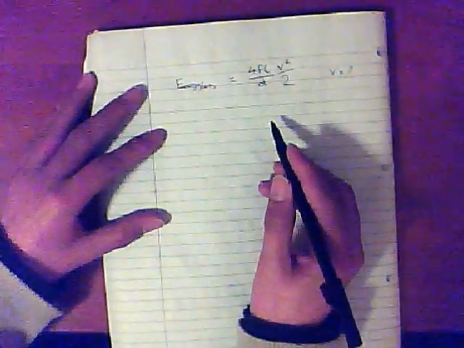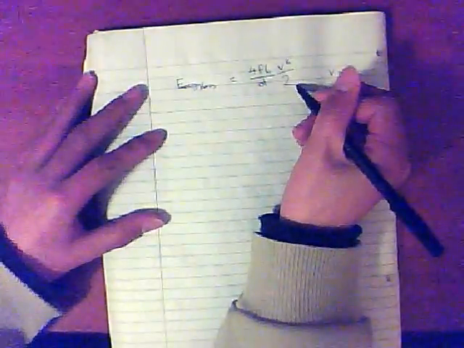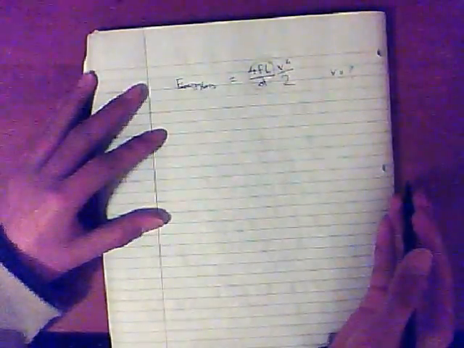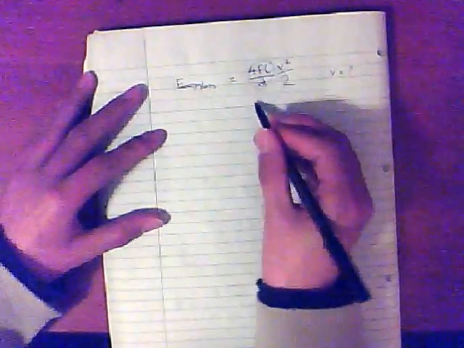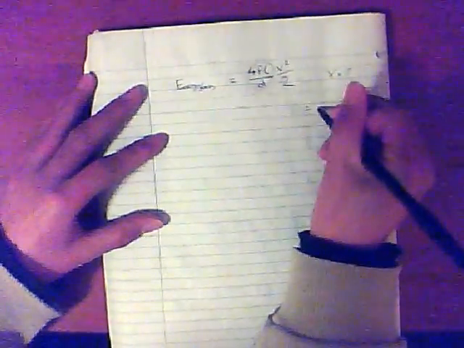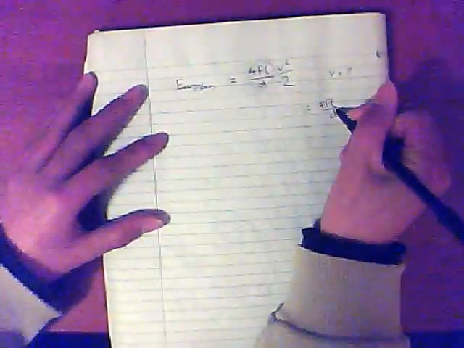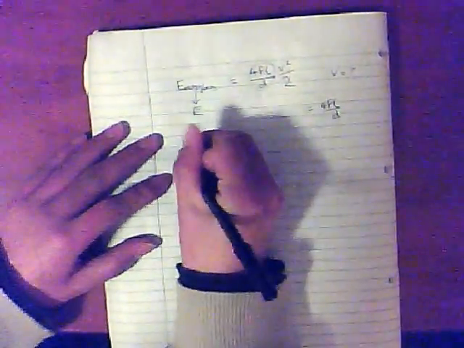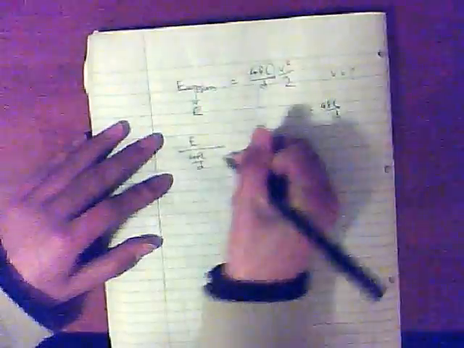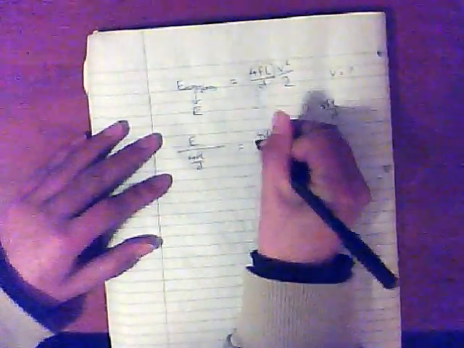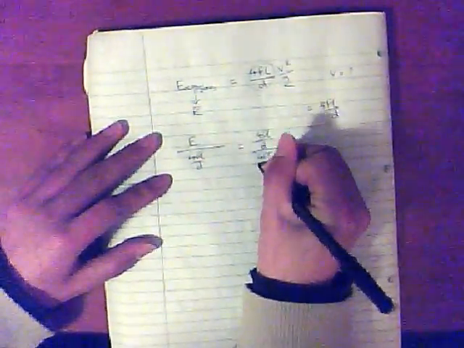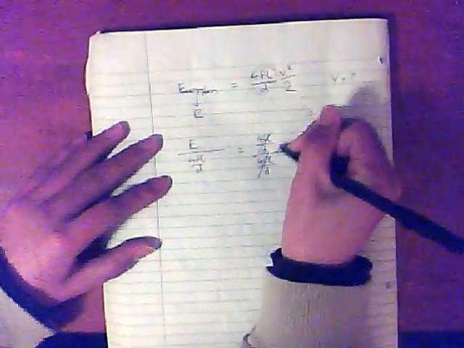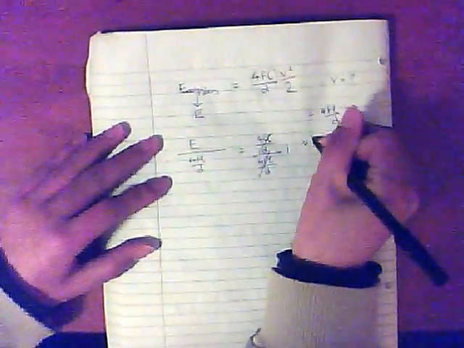You do the same thing as I've been talking about. Basically, first of all, you want to get rid of this. And to do that, you just divide by that. So if you divide both sides by 4FL over D, right, you'll get, I'll just call this E because that's a bit long, E divided by 4FL over D is equal to 4FL over D over itself, which basically cancels out to 1. 1 times V squared over 2.